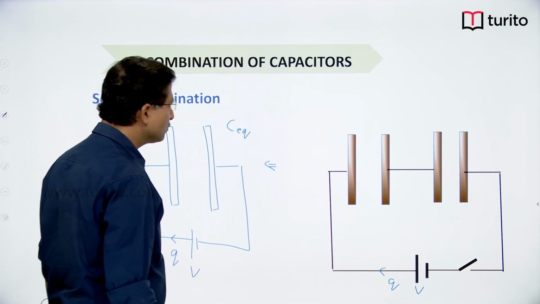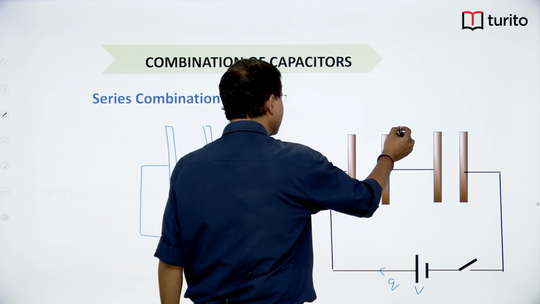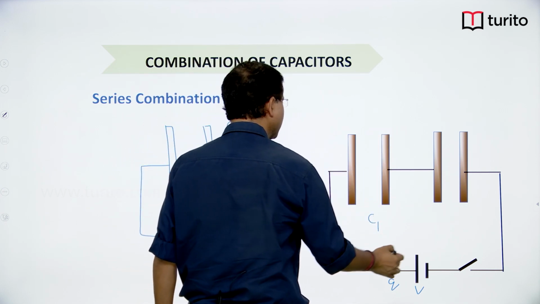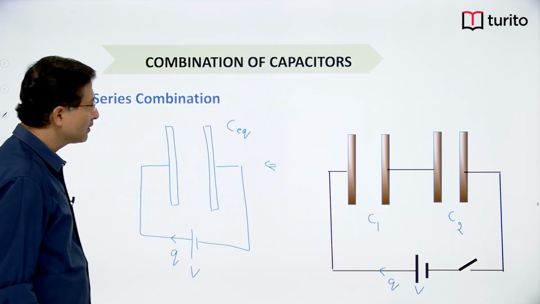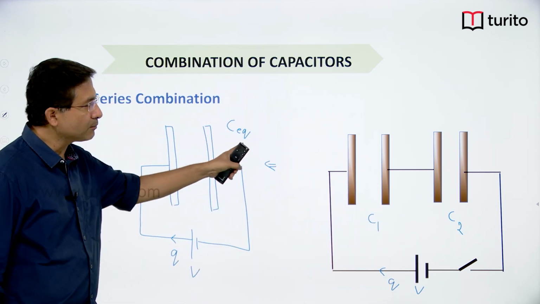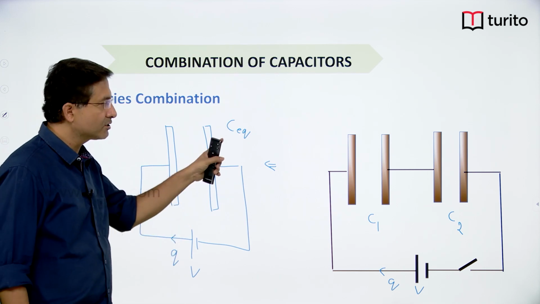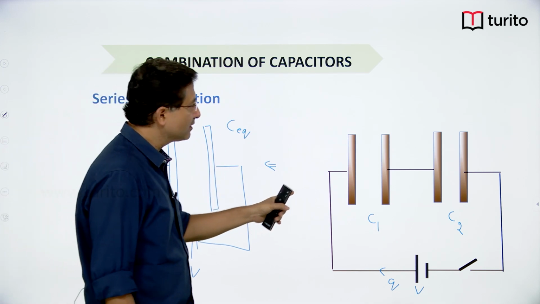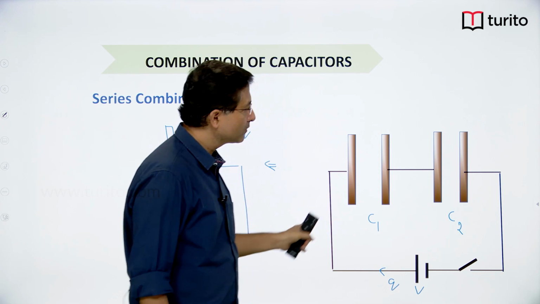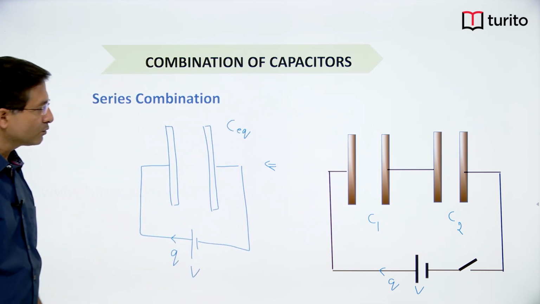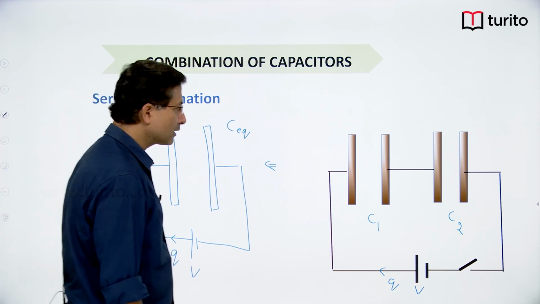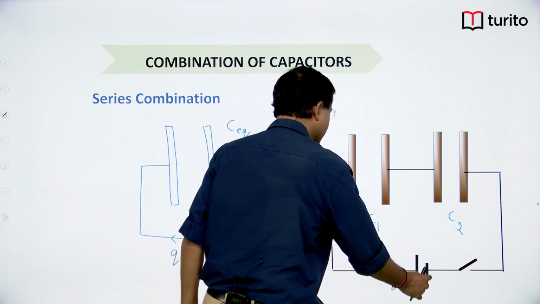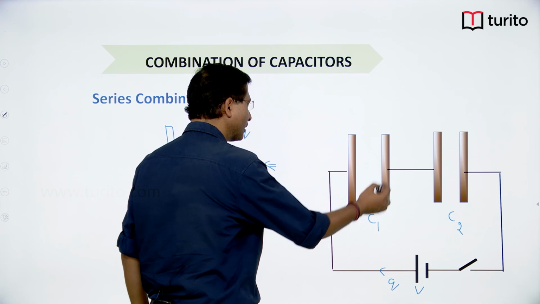So, if this is having capacitance C1 and this is having capacitance C2, I want to find out the equivalent capacitance which can replace this arrangement, right. So how to find out? As you can see in the circuit, whatever be the voltage here, that will get divided into two parts.